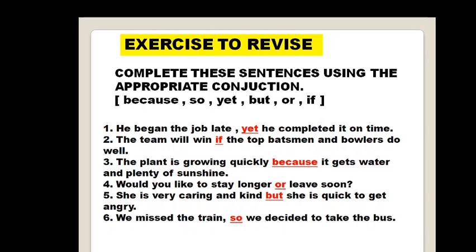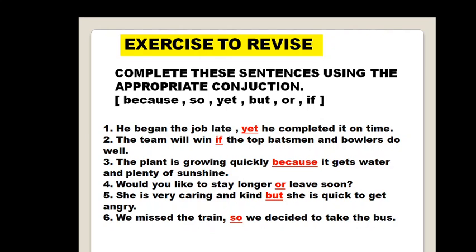Now we have an exercise to revise, children. Let's complete this. Complete these sentences using the appropriate conjunction: because, so, yet, but, or, if. The first sentence is, he began the job late, dash, he completed it on time.